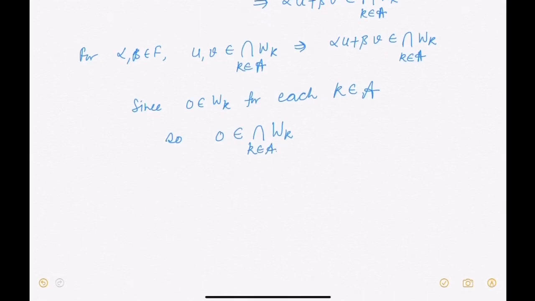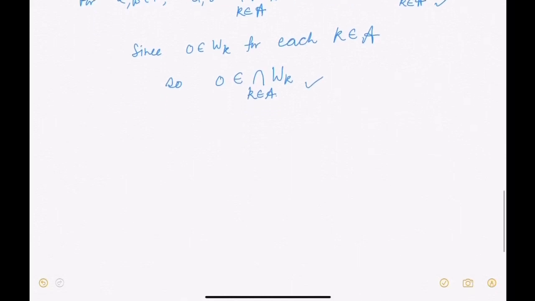Thus these two conditions, this and this, are fulfilled by the intersection of the subspaces.